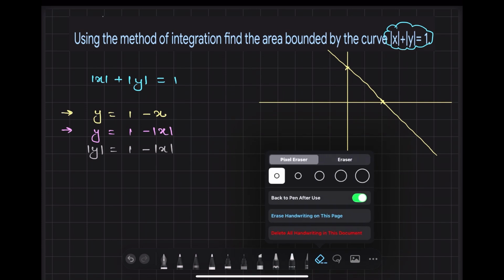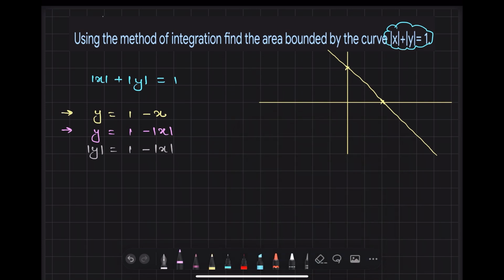You know that if we replace x with mod x, we have to erase everything on negative x and then take the image. Look, we have taken the image. So our graph will look like this. Done with stage 2.